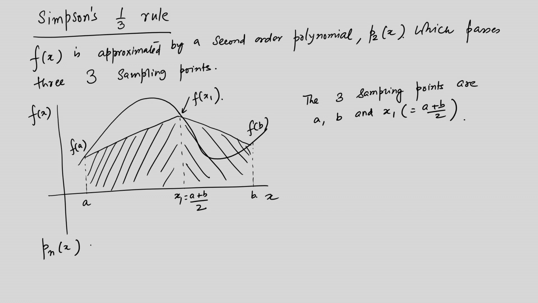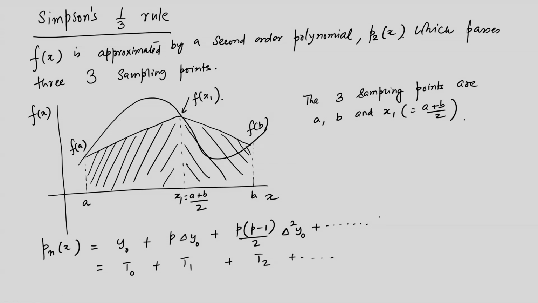The nth order polynomial looks like y 0 plus p delta y 0 plus p into p minus 1 divided by 2 delta square y 0 and so on. Okay. Which we can write as T 0 plus T 1 plus T 2 and so on, all the way up to T n.